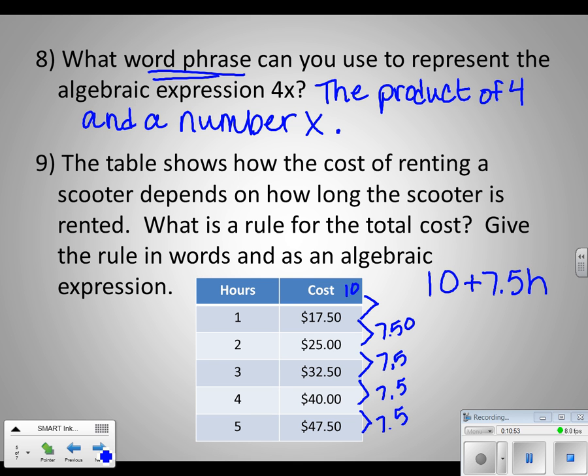So it's asking us what is a rule for the total cost. Give the rule in words and as an algebraic expression. So here's our algebraic expression.